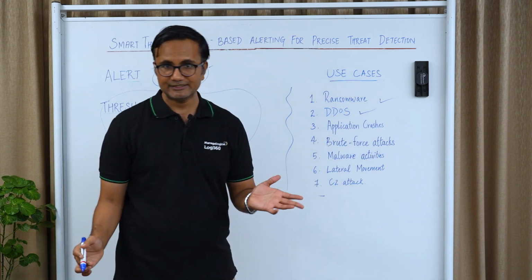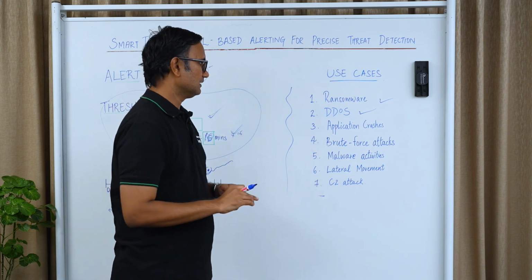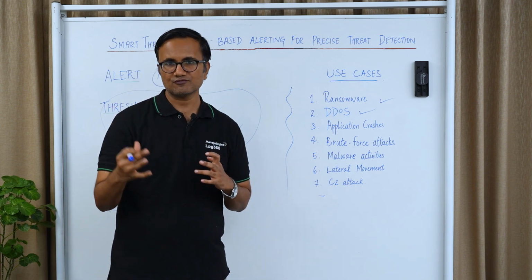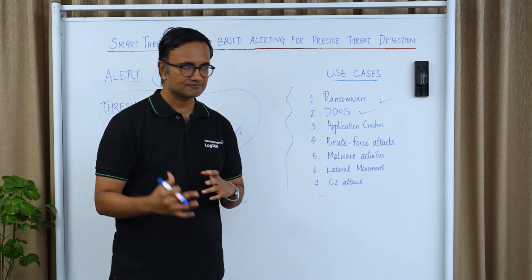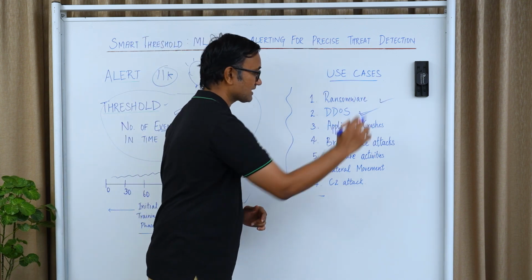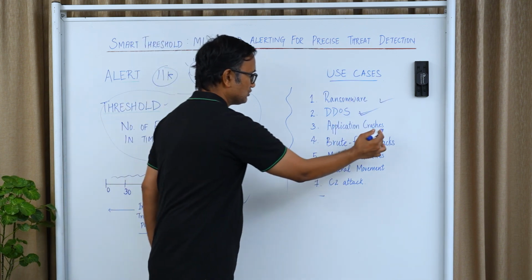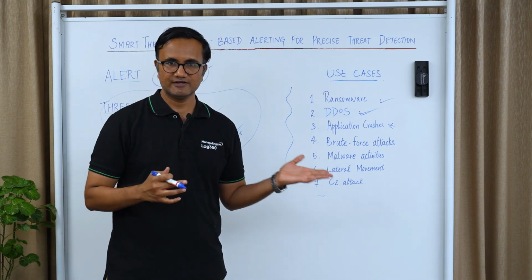You have DDoS attacks, distributed denial of service attacks, where let's say that a whole lot of requests are going into a particular server and that exceeds the baseline. Again, it can be smartly done with the smart threshold. So DDoS attacks is yet another use case. You have application crashes. Another use case, of course, very self-explanatory.